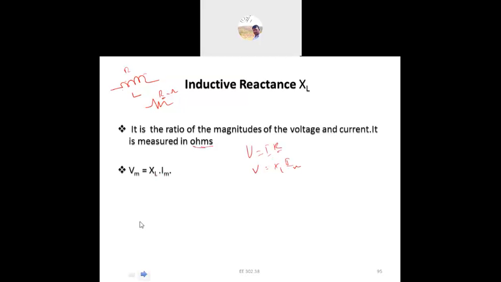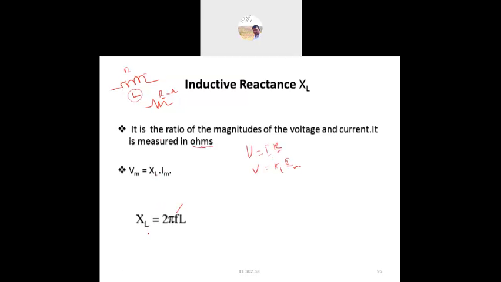So here XL is equal to 2 pi f L. From the inductance value that is taken, we get the reactance. So that is the frequency concept. As the frequency varies, the inductive reactance also varies.